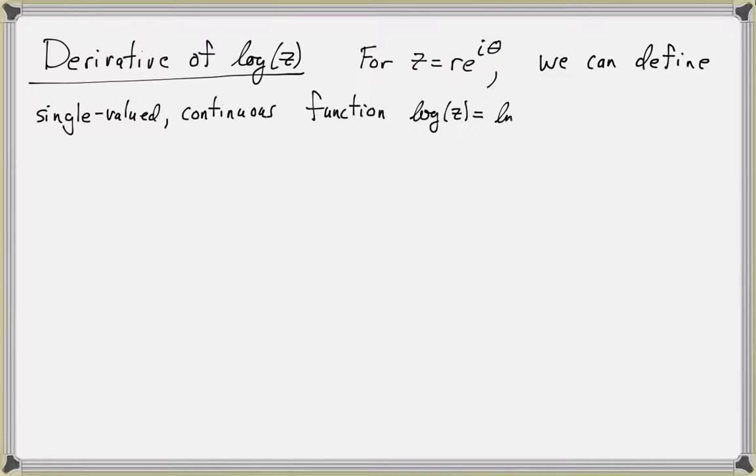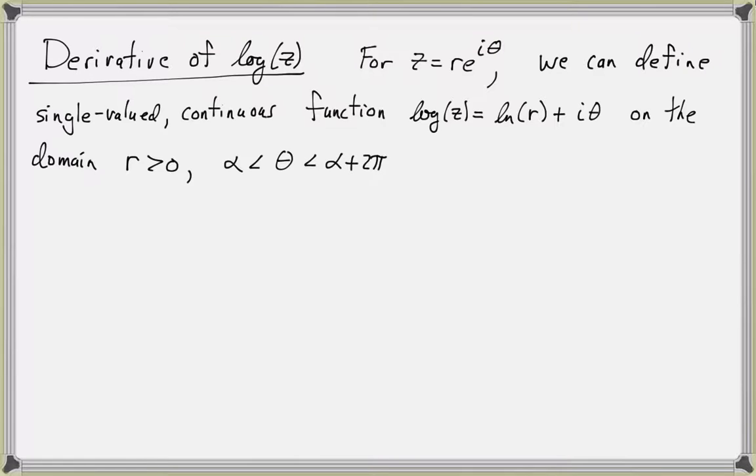equal to natural log of r plus I theta on the domain where r is positive and theta is restricted between some real number alpha and alpha plus 2 pi, for any real number alpha.